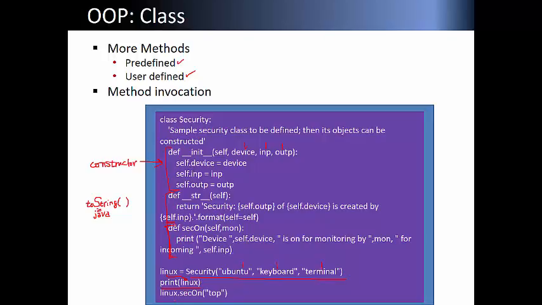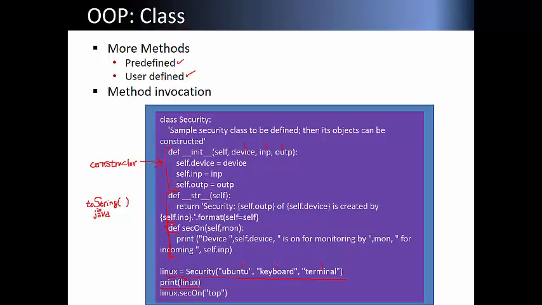Another one. This is a totally different method that you need to define from scratch. Only what you need to do is def. This is a reserved word, def. And then set on, this is your name, and open parenthesis self.